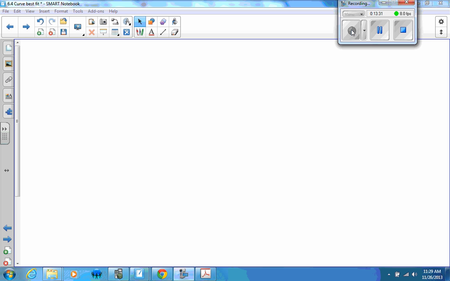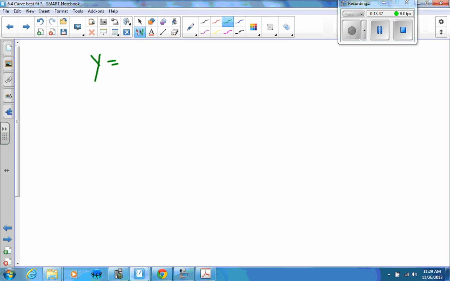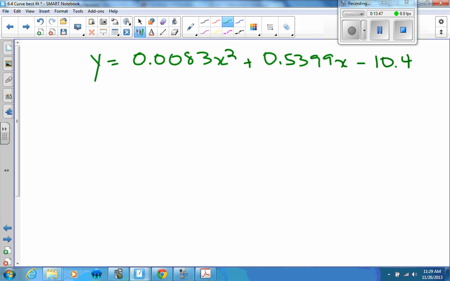Okay, so I take my equation of y equals 0.0083x squared plus 0.5399x minus 10.45. Then I put in my y value, which is our 4 meters.